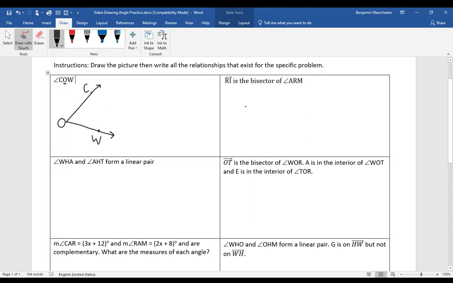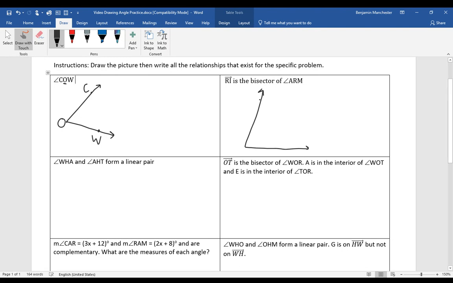So now moving over to the right, we have ray RI. Ray RI starts at the letter R and goes towards I, and is the bisector of angle ARM. So the first thing we have to do is draw angle ARM. Whoa, that's not exactly straight, but good enough.